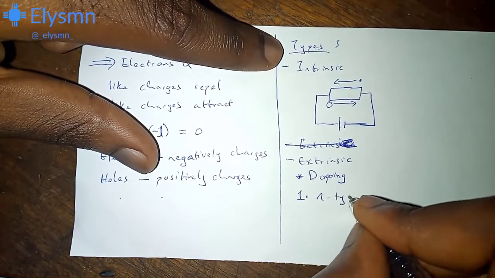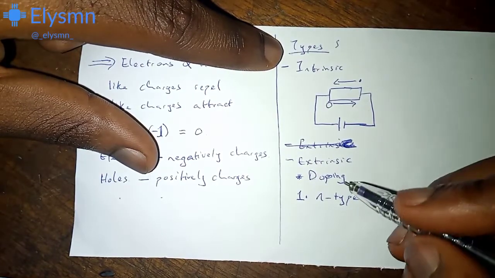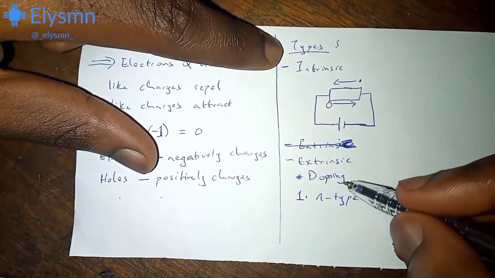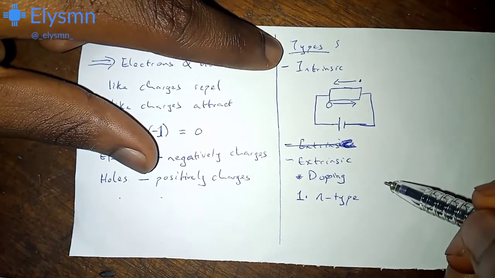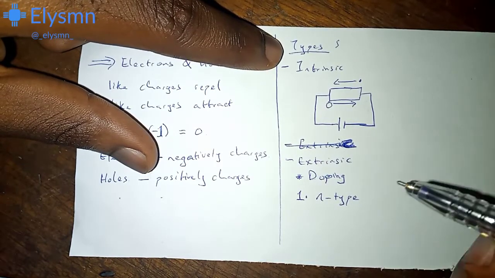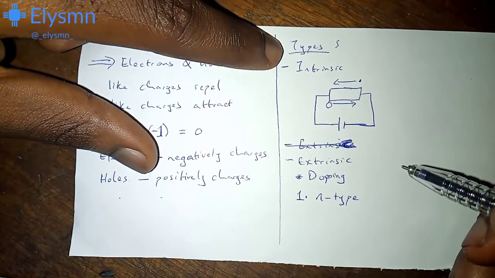N-type means that it has more electrons because pentavalent are donors. You have more electrons in the combination, causing it to be more negatively charged and more conductive.